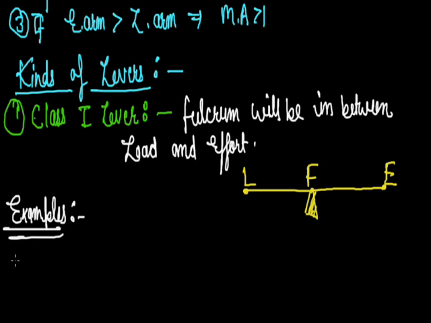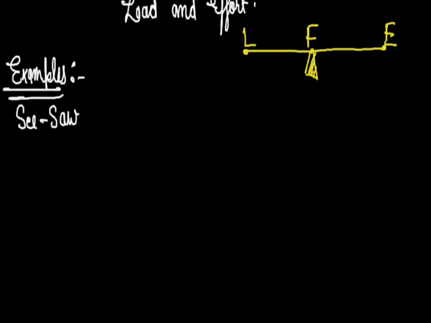What are the examples? Seesaw. A seesaw is a first class lever. As we know, in a seesaw a fixed point will be there and one of the two children sits at one side and the other sits on the other side.